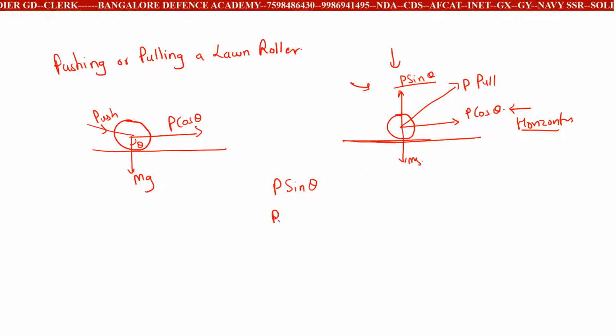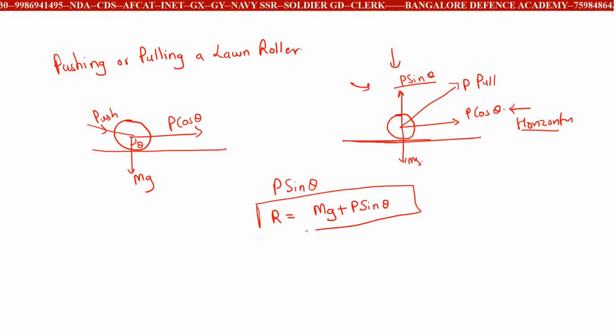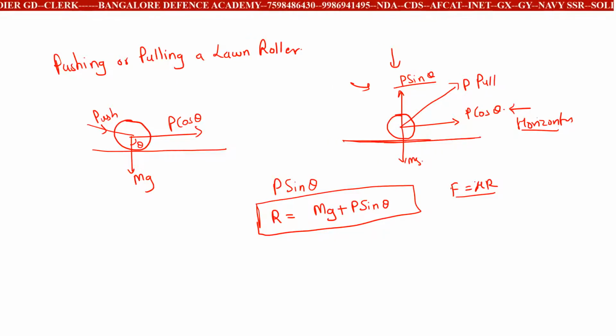So the reaction becomes mg plus P sin theta. Remember this formula directly: R is equal to mg plus P sin theta. Hence friction is equal to mu R. This is what happens when there is a condition of push. Kindly remember this. When I'm pushing it, I'm going to use this formula.